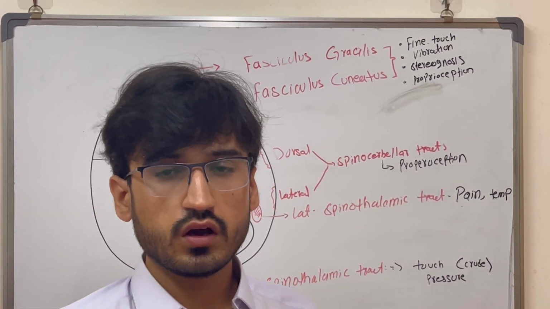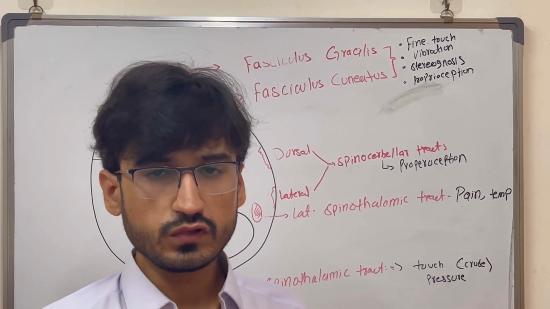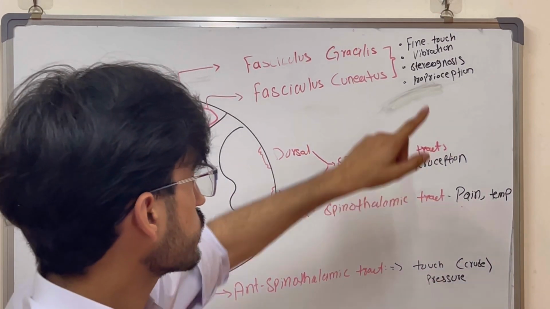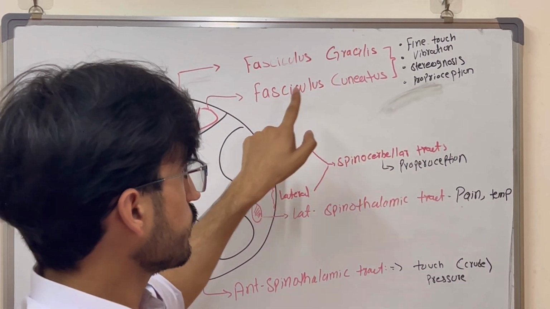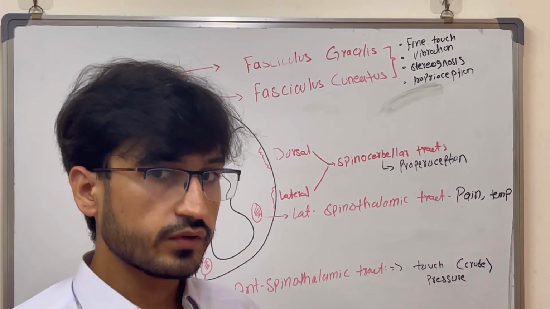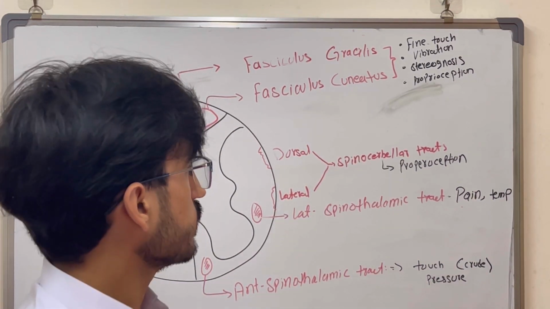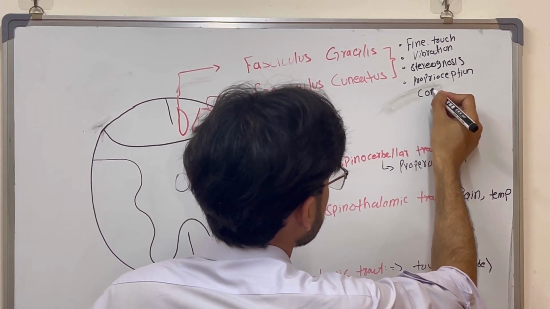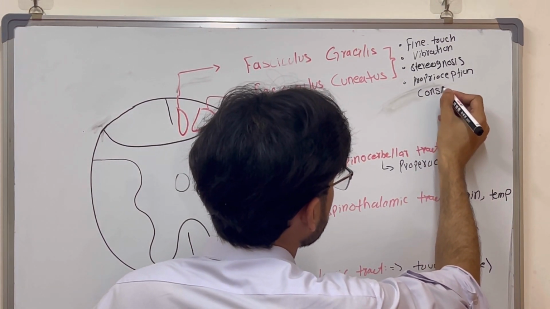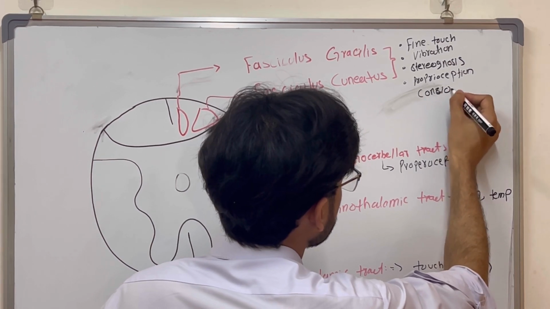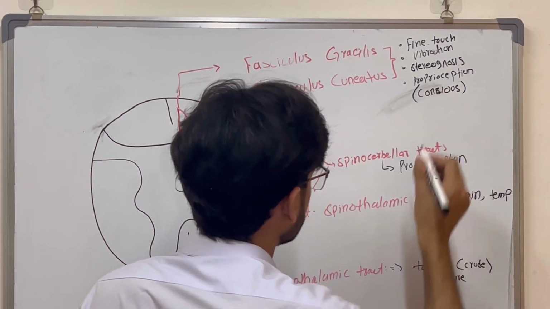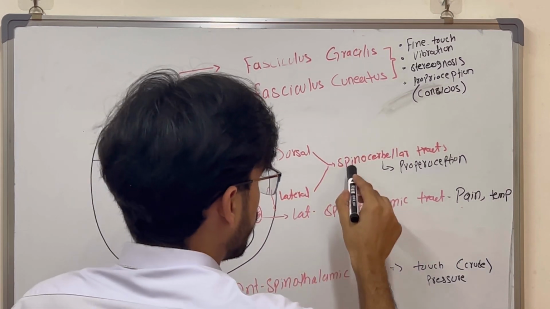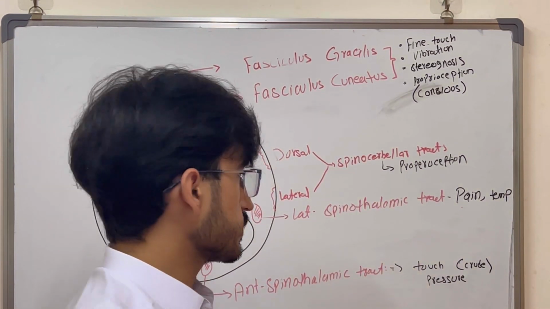And the fourth one is proprioception. Which proprioception, conscious or unconscious? Fasciculus gracilis and fasciculus cuneatus carry conscious proprioception. What is the function of the spinocerebellar tracts?